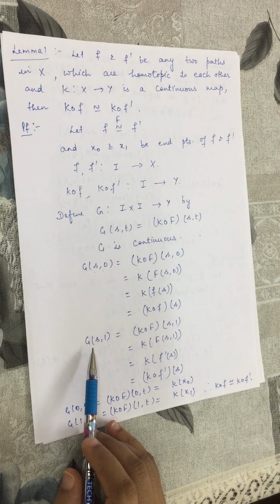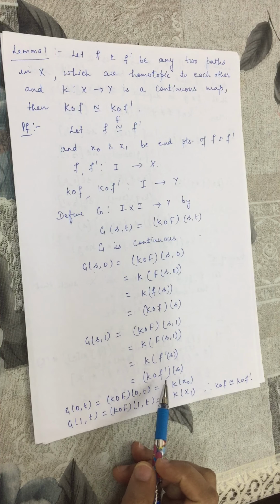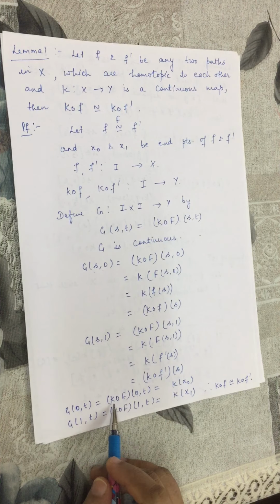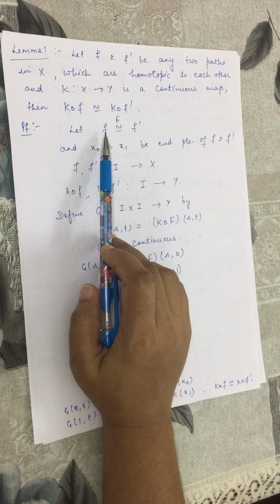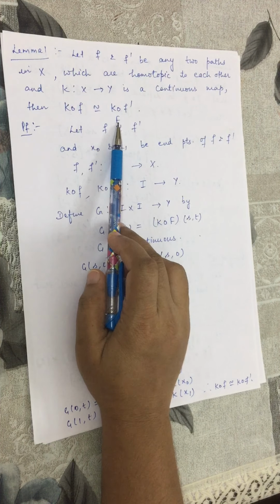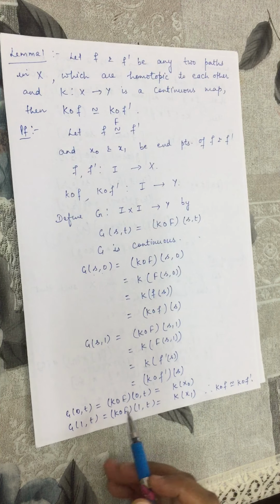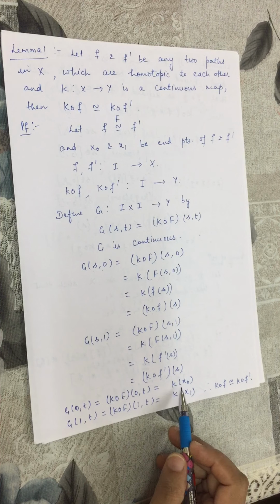Similarly G(s,1) is k circle f dash at s, and G(0,t) is k circle F(0,t). Since F is a homotopy between f and f dash, F(0,t) is x0, so k of F(0,t) is k of x0, and G(1,t) is k of x1.